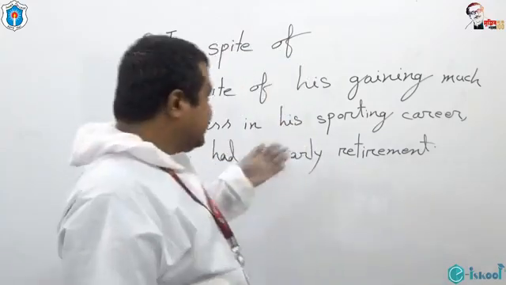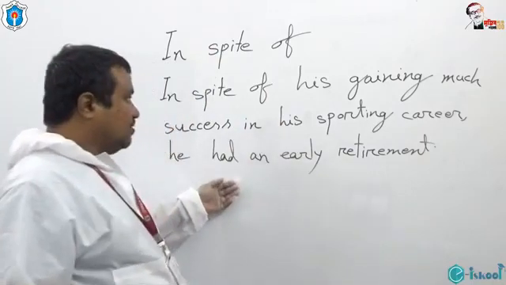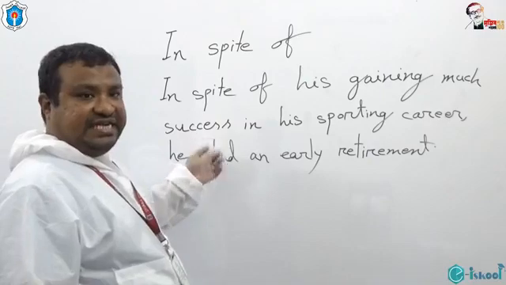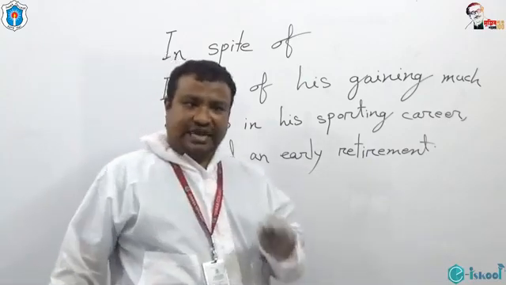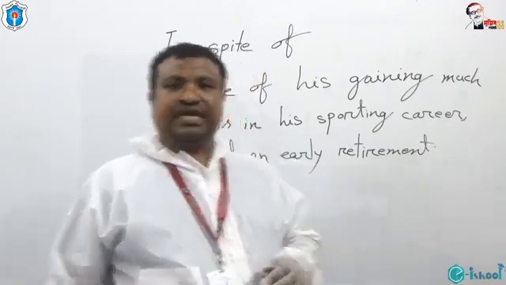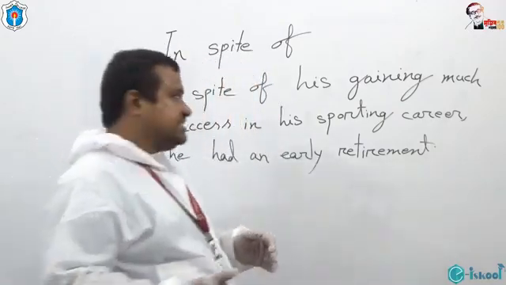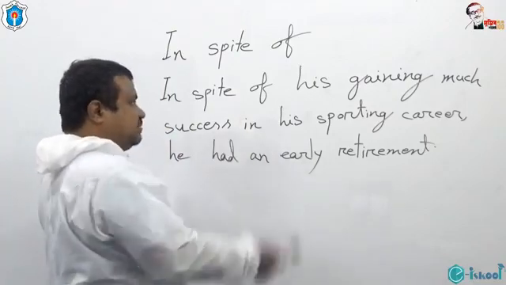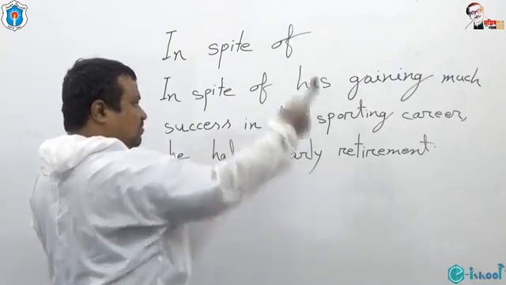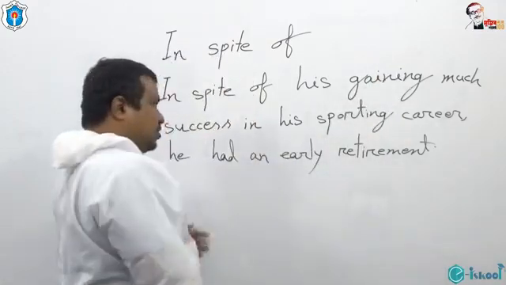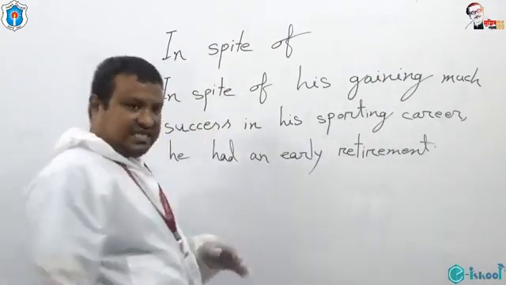But in this structure, where success itself is a noun and it is being used as a what? It is being used as an object. So here we cannot use any other adjective. Here we have to follow this particular structure, that is in spite of plus the possessive form of the subject plus main verb plus ing, then object and then the other part.